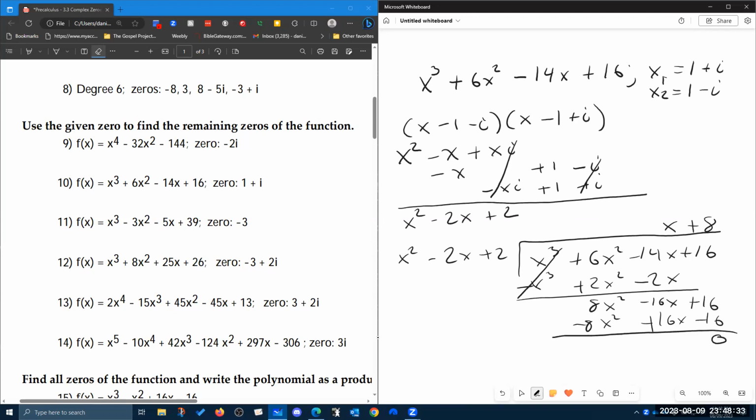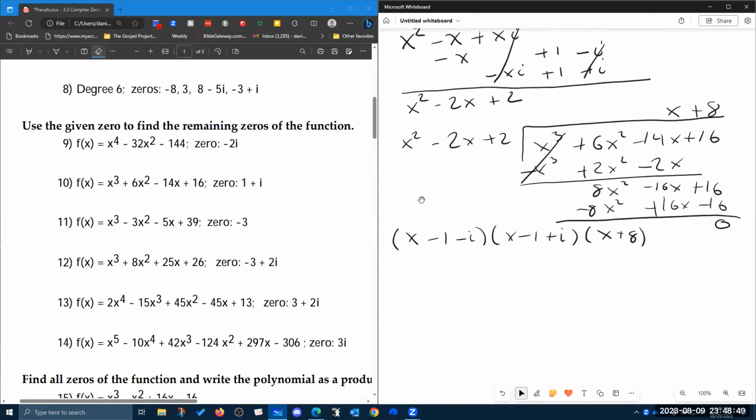So that gives me that my factors here are x minus 1 minus i, x minus 1 plus i, x plus 8. And my zeros are 1 plus i, 1 minus i, and if I set x plus 8 equal to 0, I'm going to get a negative 8.